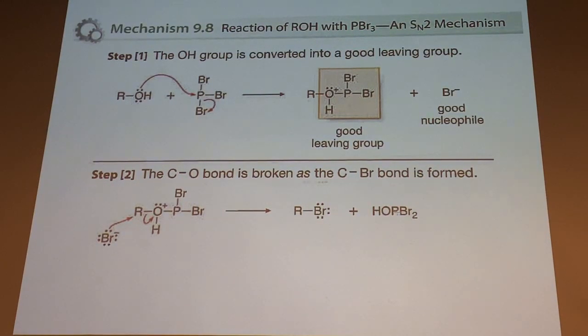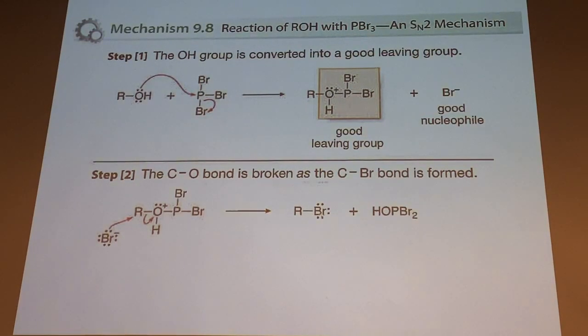Phosphorus has a high affinity for oxygen, phosphates, the most stable form of phosphorus, the oxidized form of phosphorus, phosphate in nature. You've probably heard of triphosphate, diphosphates, whatever. We'll see a lot of phosphates in biochemistry. Well, there's a phosphorus oxygen bond, which is very stabilizing. And that helps drive this reaction toward the bromide. Even though the carbon bromide bond is not very stable, right? It's a weak bond.